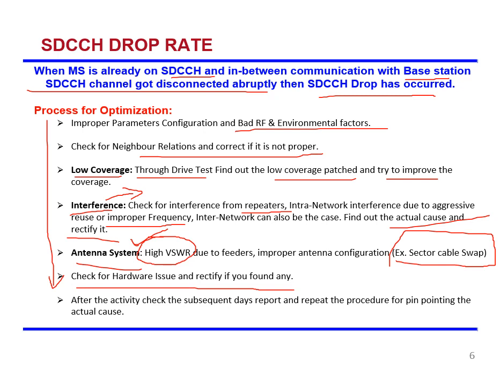Suppose the coverage issue is not there, interference is not there, the antenna is good, neighbors are properly defined in OMCR, the RF environment is good, then you have to check the hardware, the TRX hardware or the control unit, and if any faults are there, you have to rectify them.